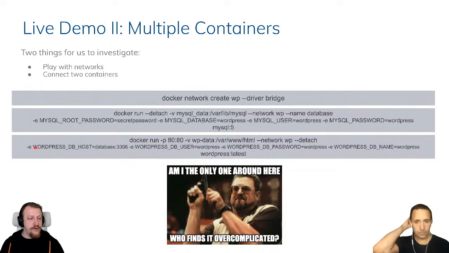I specify the network to attach, which is WP, and I'm specifying it to be detached again to not grab my console. Then a long list of environment variables, because WordPress needs some configuration as well. WordPress DB host will be database:3306. 3306 is the port, we all know. But what's the database? As said, the name database in the network WP will be registered as the DNS name for this container, so everyone can access it simply as database.